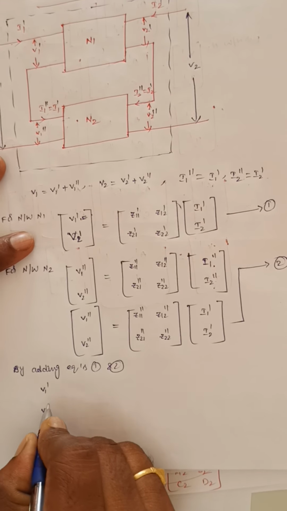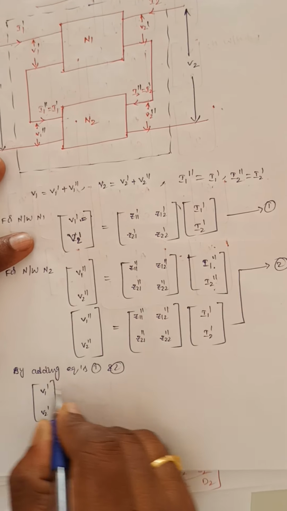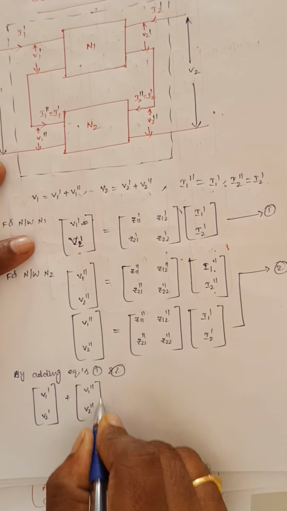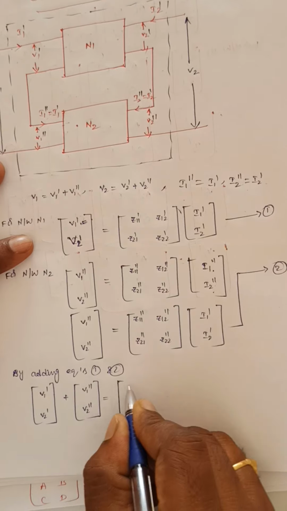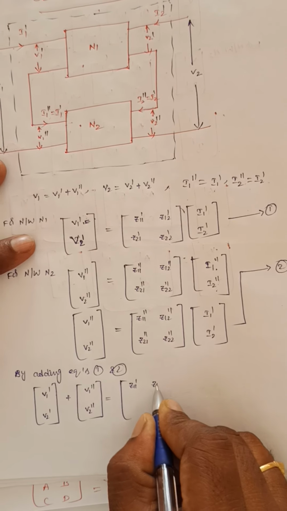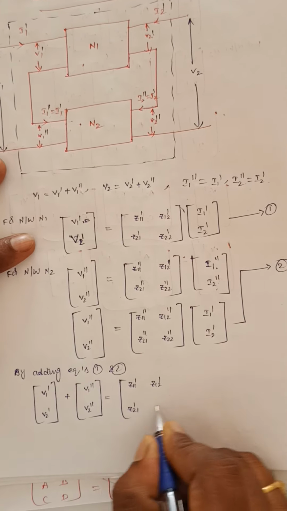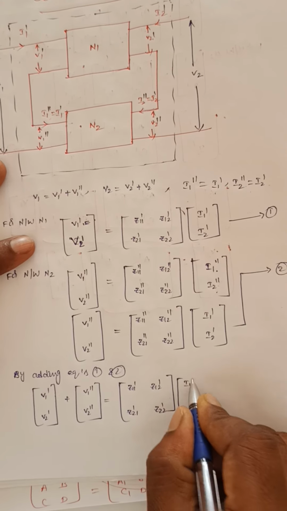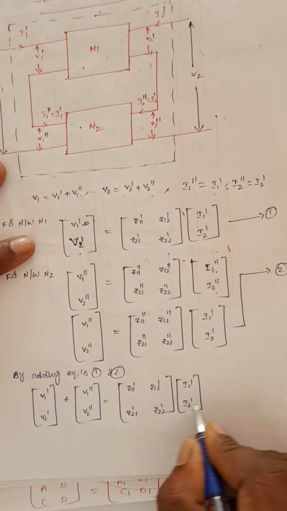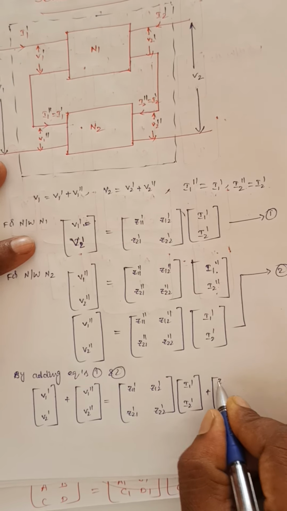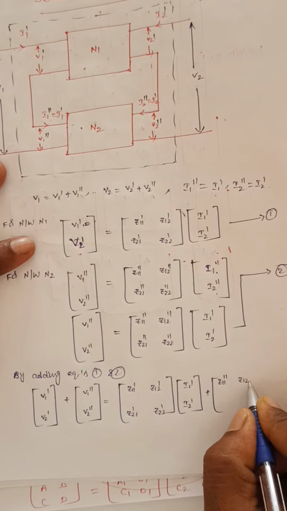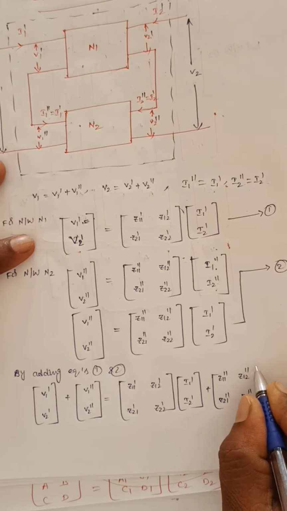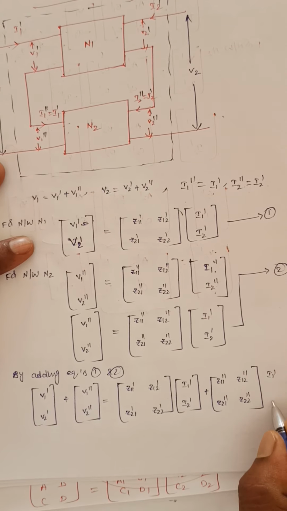V1 dash, V2 dash plus V1 double dash, V2 double dash is equal to the matrix Z11 dash, Z12 dash, Z21 dash, Z22 dash into I1 dash, I2 dash, plus the matrix Z11 double dash, Z12 double dash, Z21 double dash, Z22 double dash into I1 dash, I2 dash.